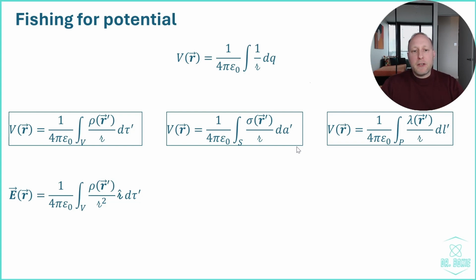The main one, the fundamental one, which makes the integral for the potential much easier to work with than the one for the electric field, is that there is no curly r hat in the definition of V, which makes sense. V is not a vector. V is a scalar function. E is a vector, so it has to be vectorial.